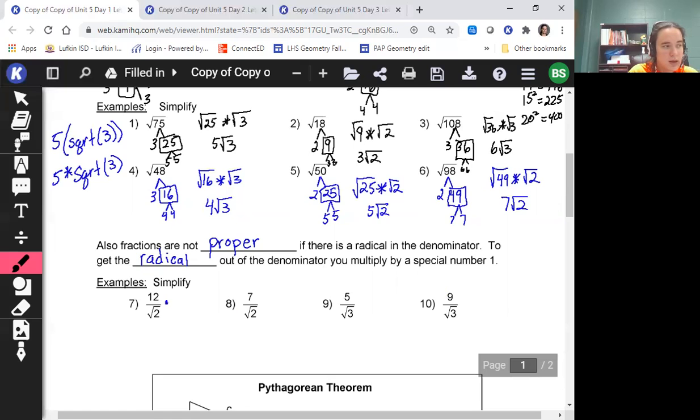So we're going to multiply by the square root of 2 over the square root of 2. So we're multiplying across. That gets us 12 times the square root of 2 over the square root of 4. Now the square root of 4 is 2, so we've got that equals 12 square root of 2 over 2. Now 12 is divisible by 2, so we can reduce that further to 6 times the square root of 2.